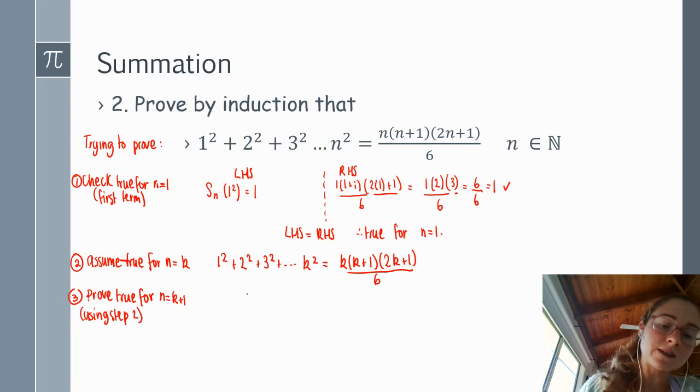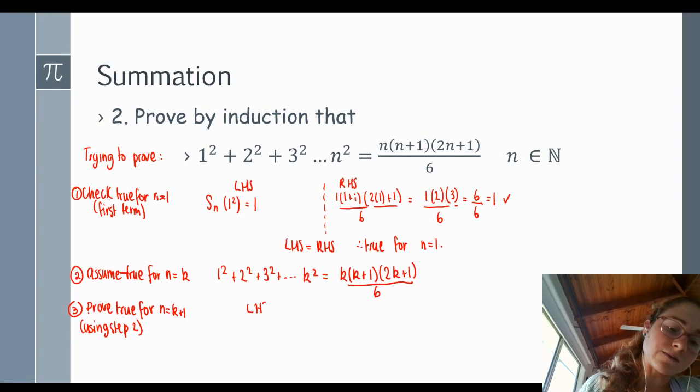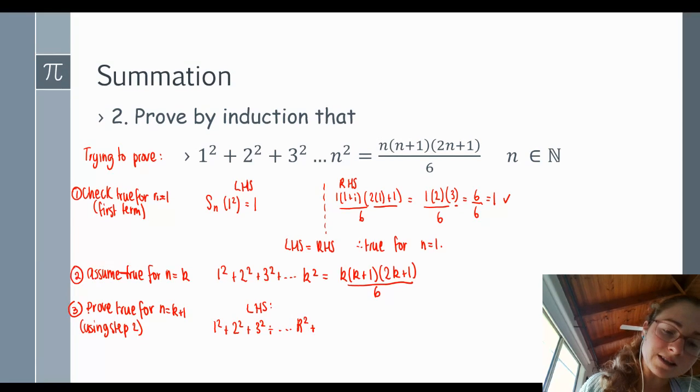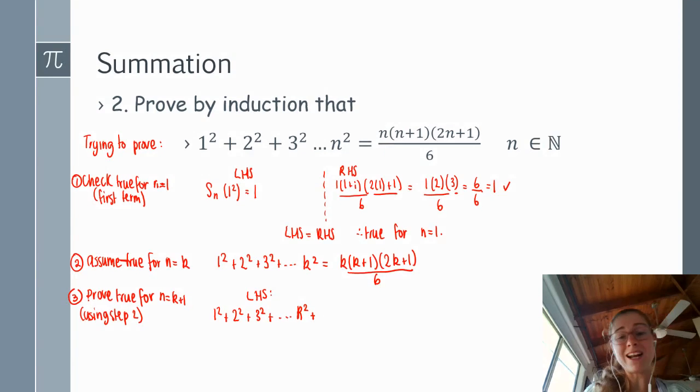Left-hand side: 1 squared plus 2 squared plus 3 squared plus all the way to k squared, plus the extra term, where you see the n, put a k plus 1 squared. So that's our extra term.